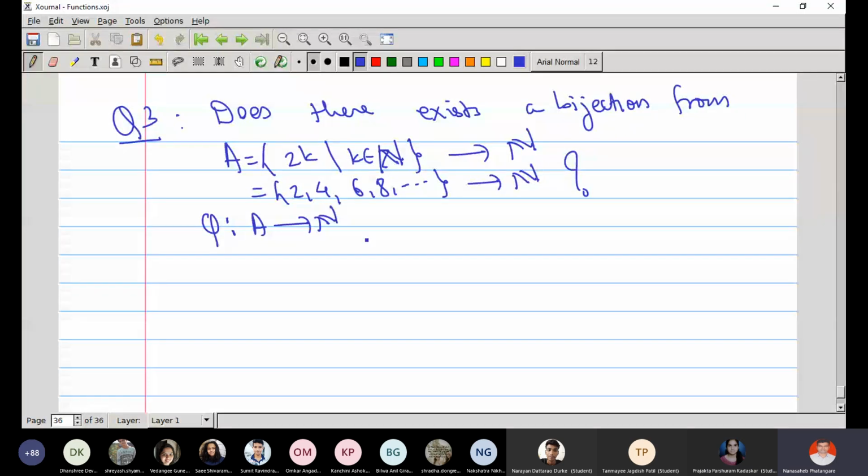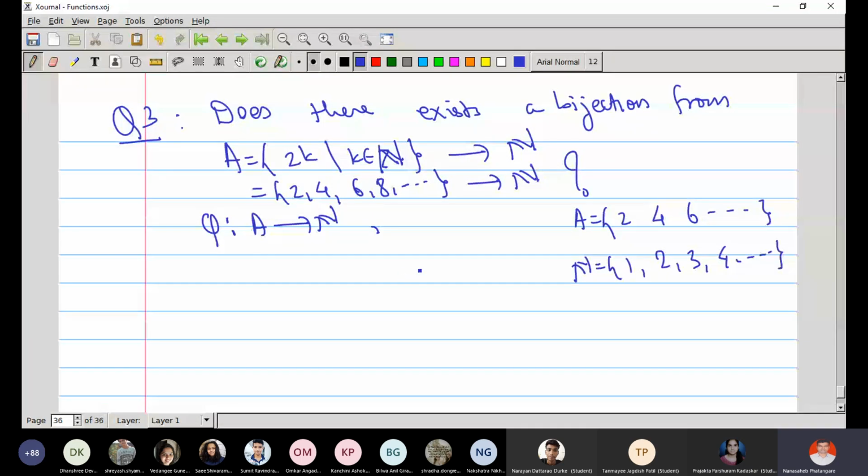And what is that function? Can you tell me the function? 2, 4, 6. This is A, right? And what is N? 1, 2, 3, 4. If you observe the sets, what is the obvious natural map?